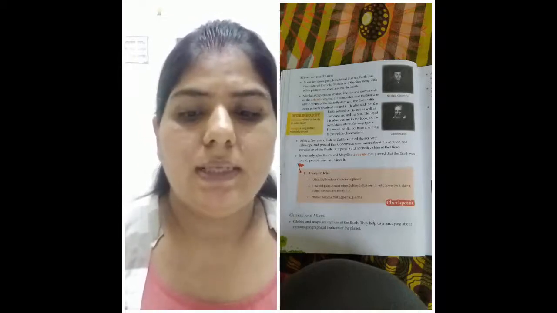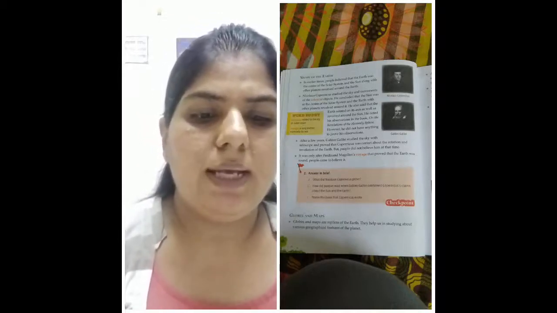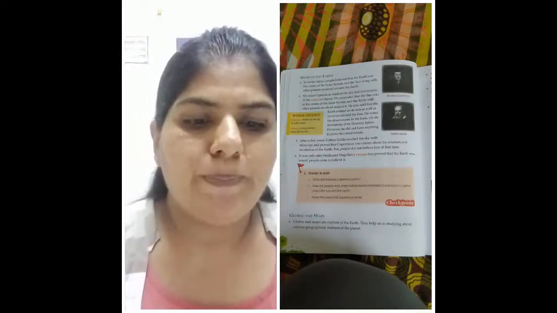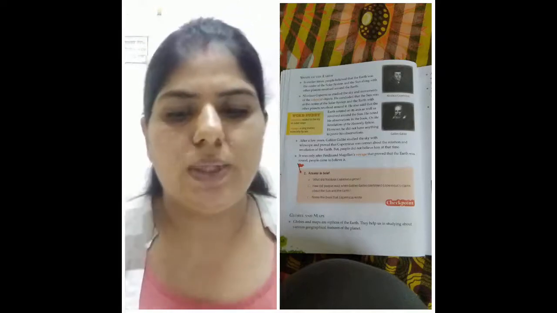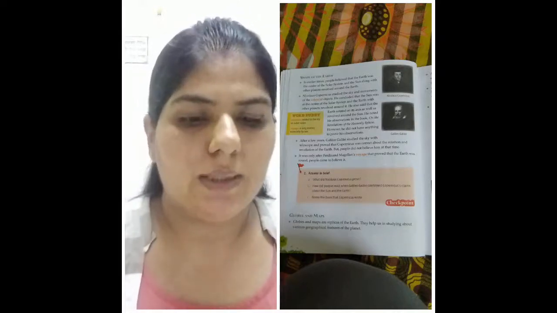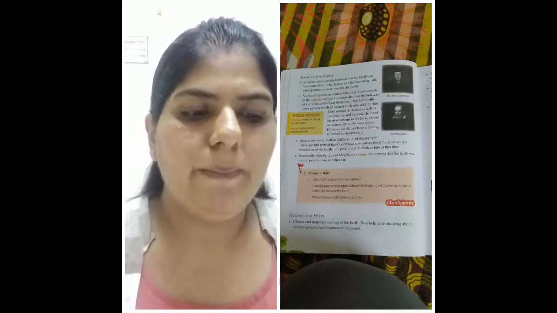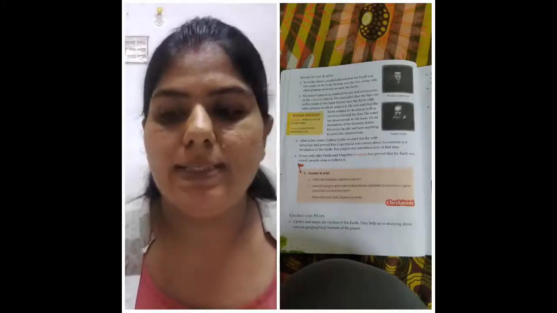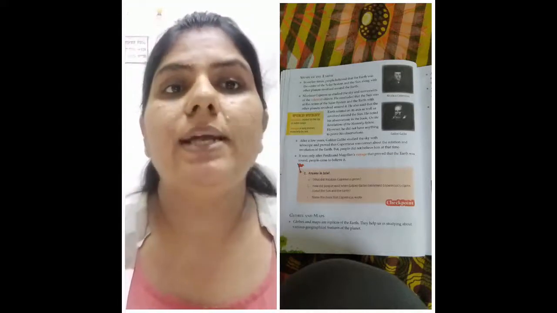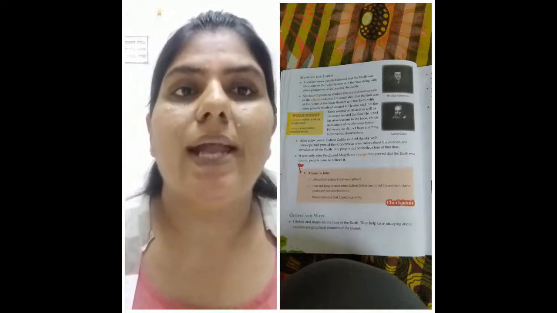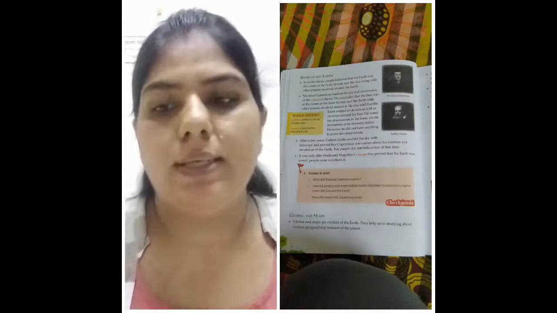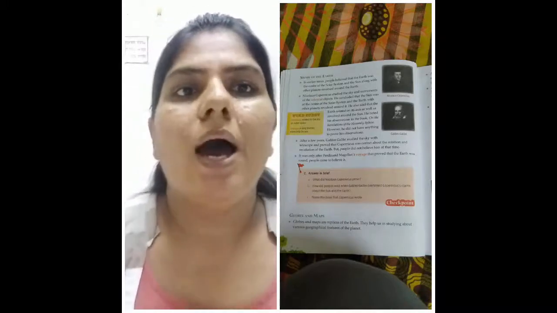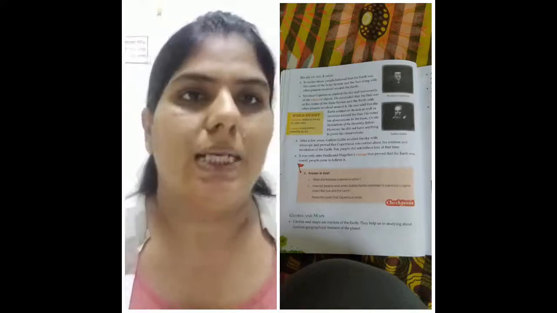After a few years, Galileo Galilei studied the sky with a telescope and proved that Copernicus was correct about the rotation and revolution of the earth. But people did not believe him at that time. Later, after a few years, one more scientist studied it with a telescope, and he came to know that Nicholas was correct that the sun is in the center and all other planets are moving around the sun.